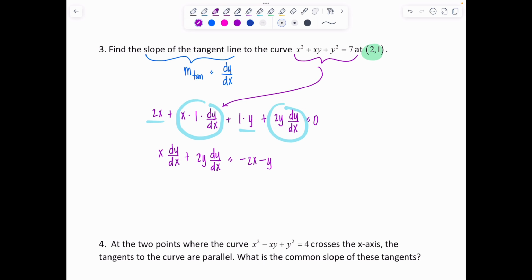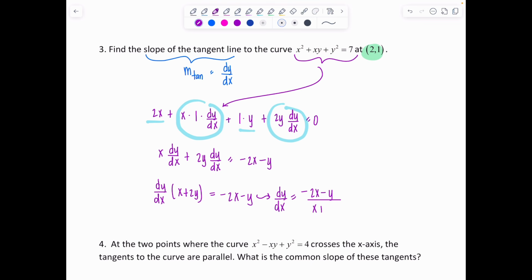So we have dy/dx times (x plus 2y) equals negative 2x minus y. And then to get dy/dx, you're just going to divide out that x plus 2y. So we've got negative 2x minus y over x plus 2y.